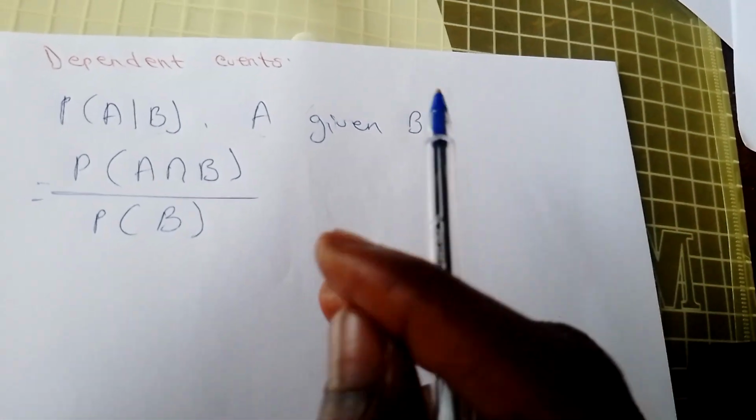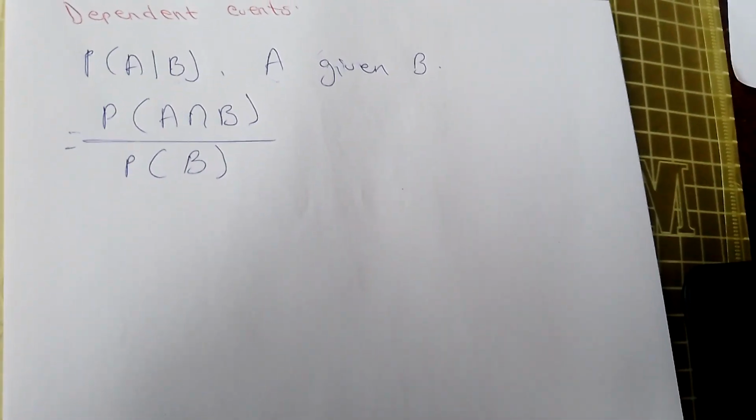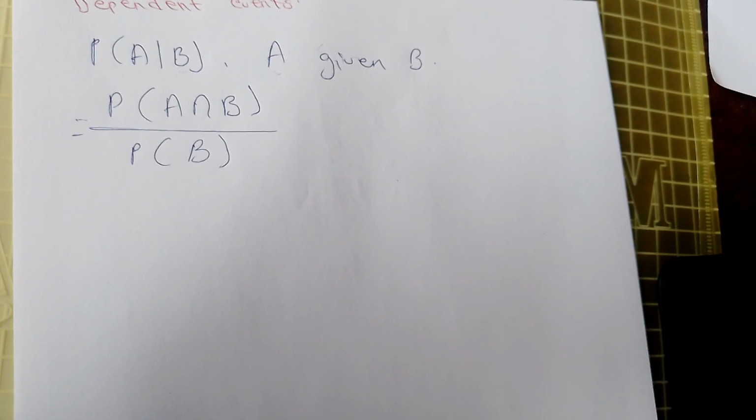So in this case, the probability of A would always be changing based on what is happening to B.